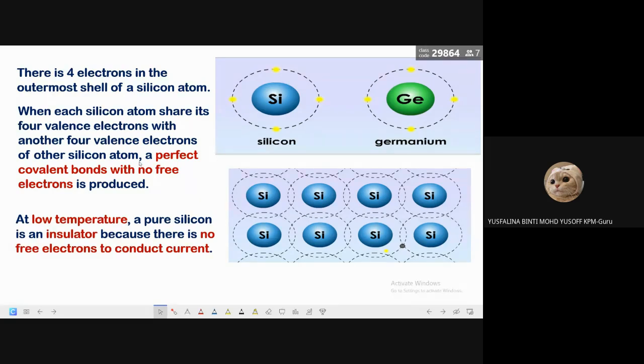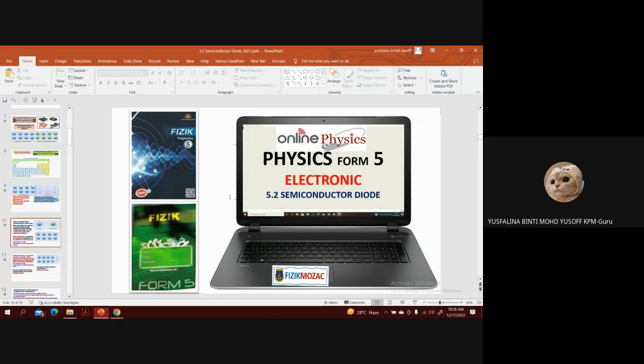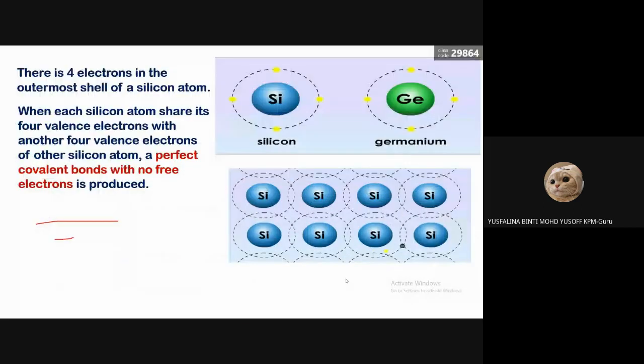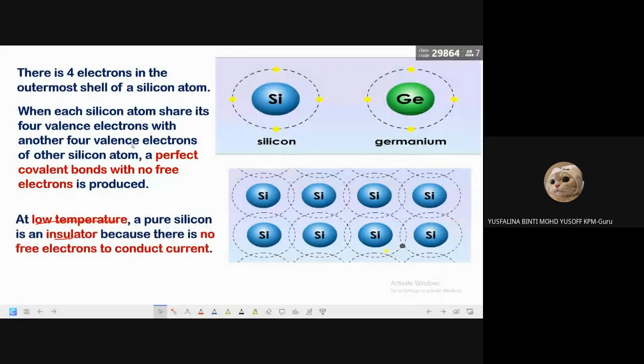Okay, so at low temperature, pure silicon is an insulator, because there are no free electrons to conduct the current.